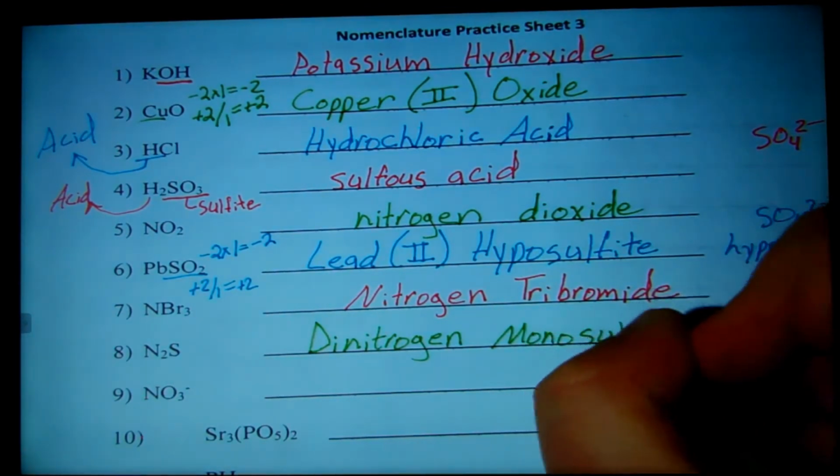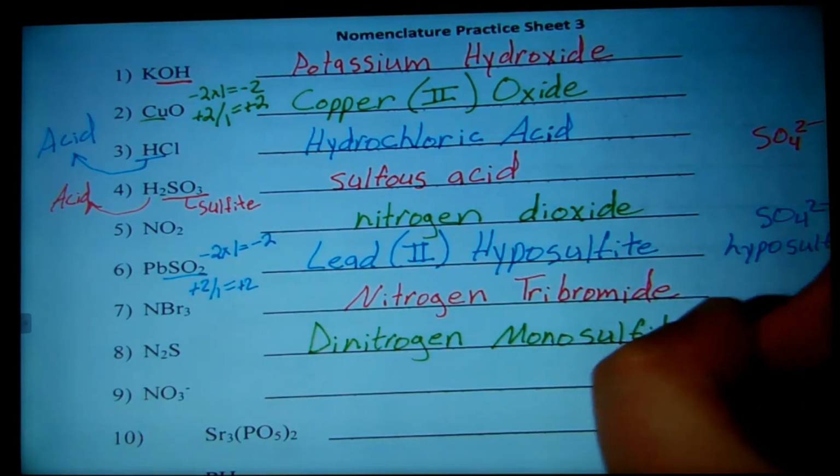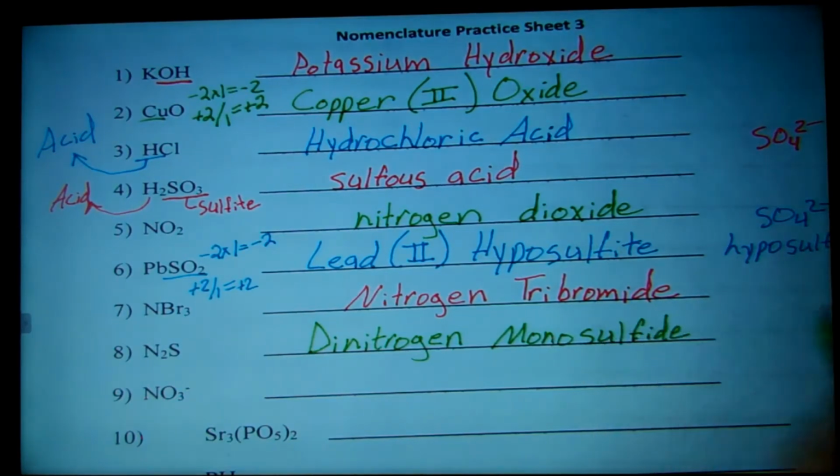Monosulfide. You must always include the second prefix. Remember that, guys. Don't get in a habit of when that first one doesn't have that prefix with it, don't get in the habit of just not using mono. You'll always have to use it on the second one. Okay? Always have to give that prefix.